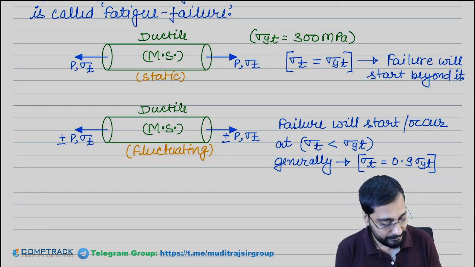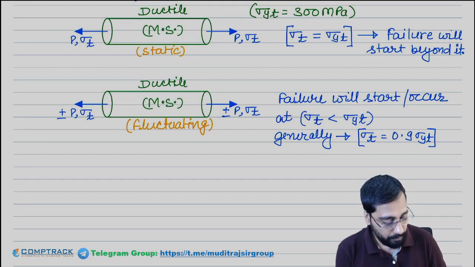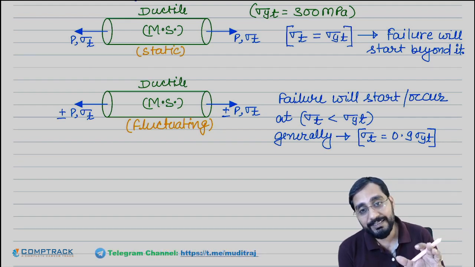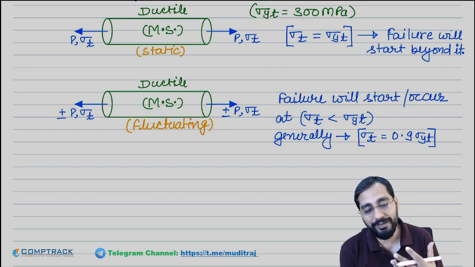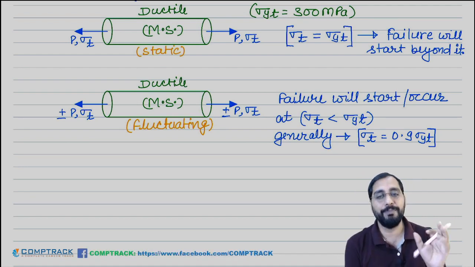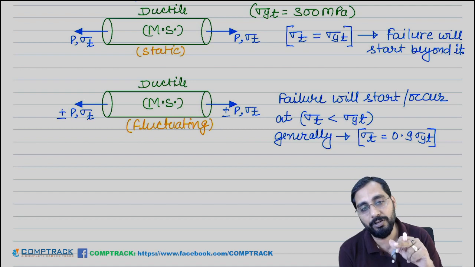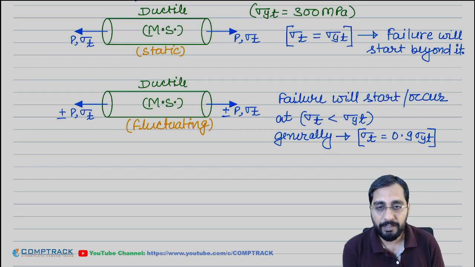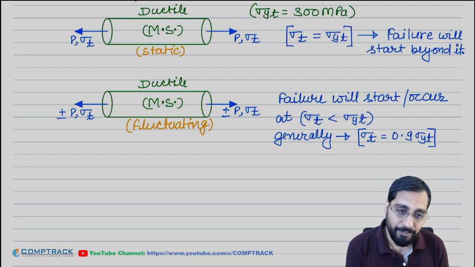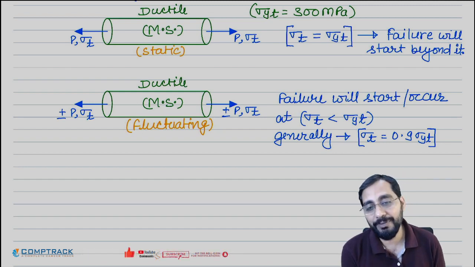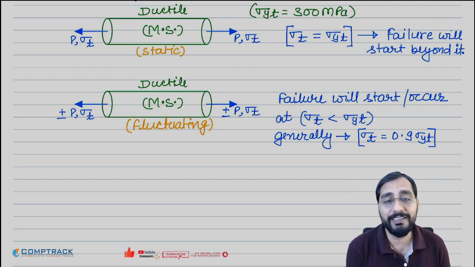So this decreased resistance, meaning decreased strength due to fluctuating load, this phenomenon is called fatigue. And the failure due to fatigue will be called fatigue failure. So for this type of loading, fatigue loading, a new strength will come into the picture. That will be called your fatigue strength.